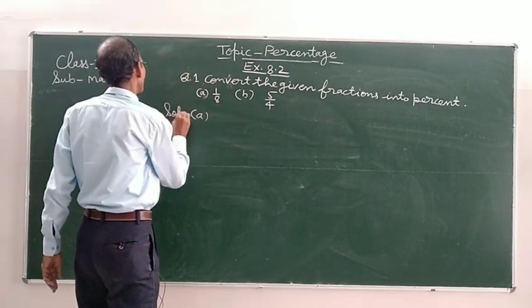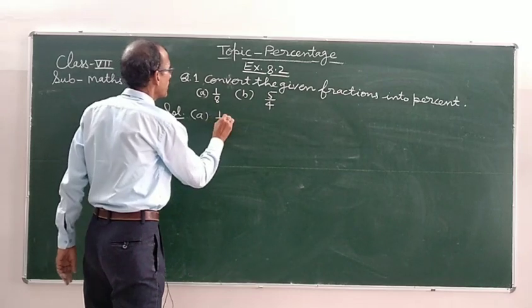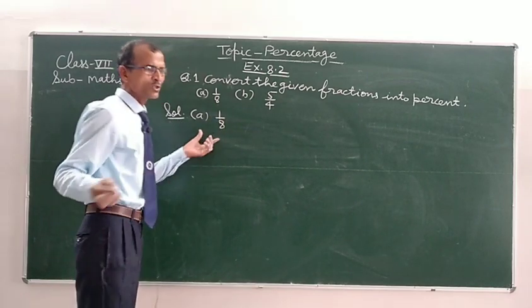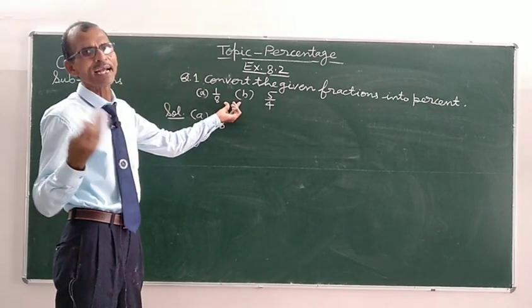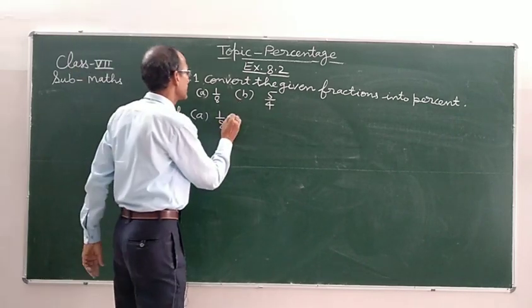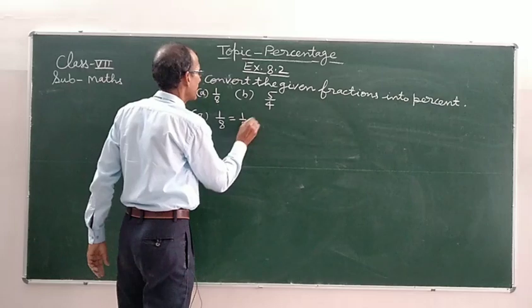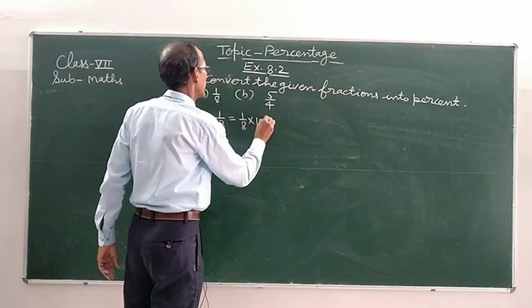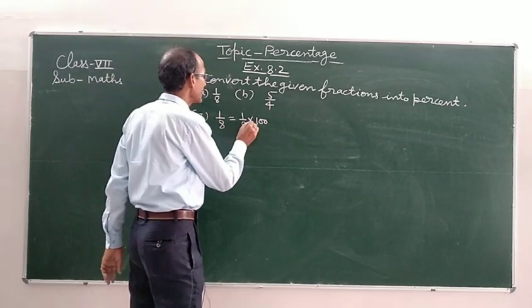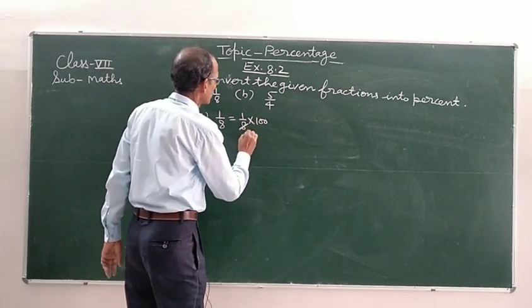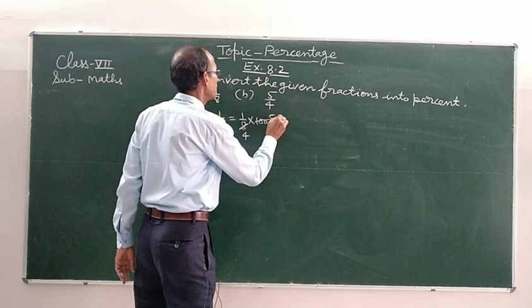Solution A. 1 upon 8, as we know that to convert a fraction into percent, we multiply it by 100. 1 upon 8 is equal to 1 upon 8 into 100. Now, simplifying we get 2 4 ja 8, 2 5 ja 10, 50.